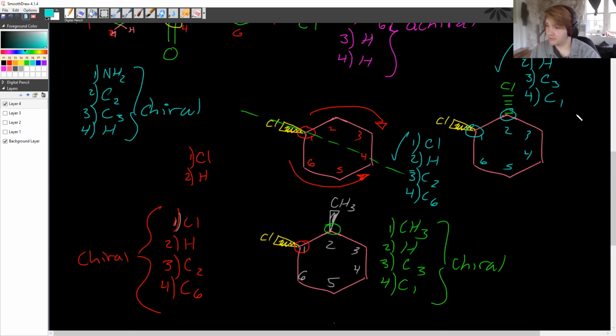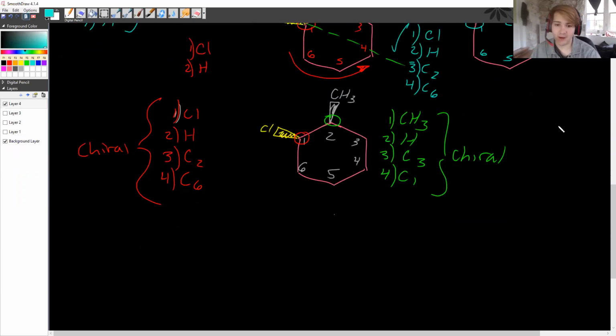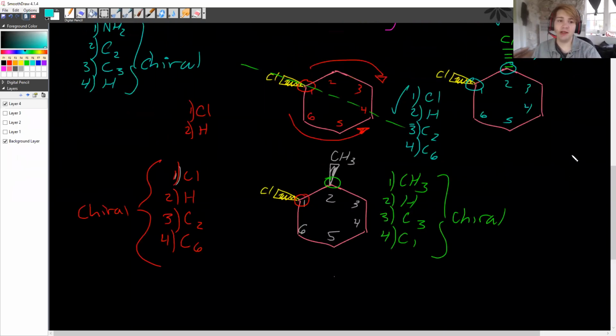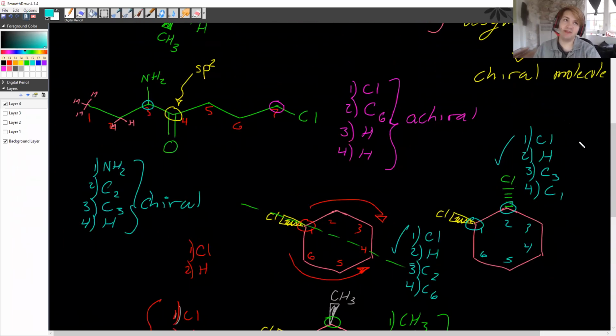How do we feel about this? Good? Okay. This is probably the second hardest part of this entire chapter, identifying chiral centers. Not specifically at MCP, but at Northeastern and BU and Hawaii, you are going to have to be able to count how many chiral carbons there are.